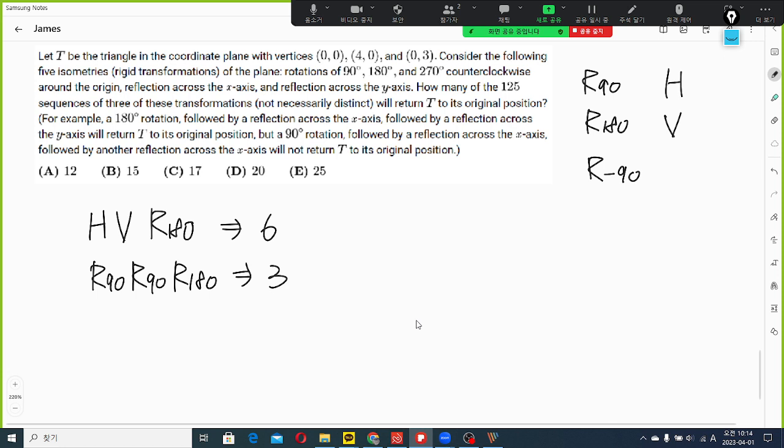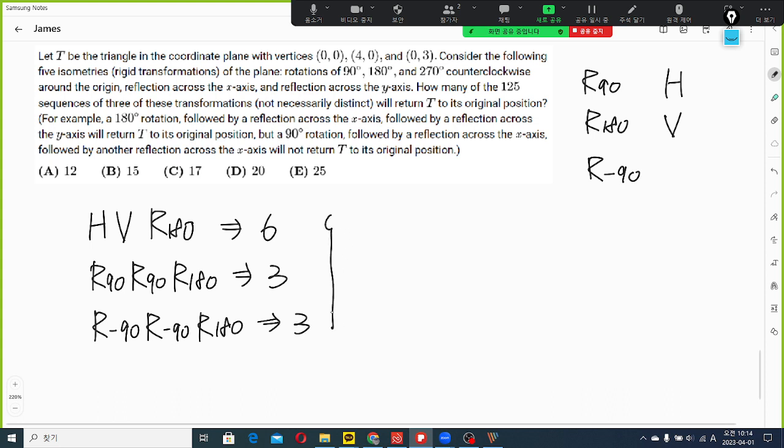And if we choose R of minus 90 degrees, to make the degree 0, we should also choose another rotation of minus 90 degrees, and then one rotation of 180 degrees. Now the sum is 0 degrees, so the shape goes back to the original position. Once again, the number of arrangements in this case is 3.